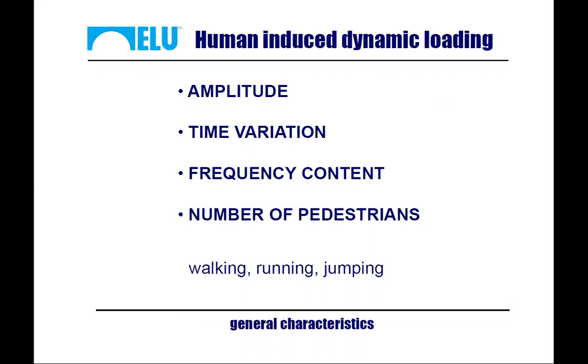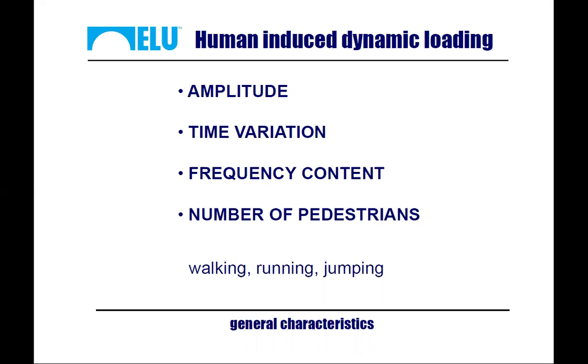And let's talk, we've seen the criterion, let's talk about the dynamic loading that is induced by people walking or running on or jumping over a bridge. And what are the things that we need to look at? Well, first of all, the amplitudes of the loading, which is the maximum force that can be attained.